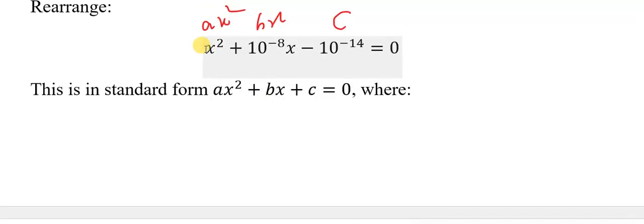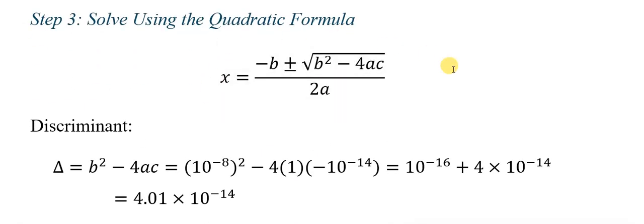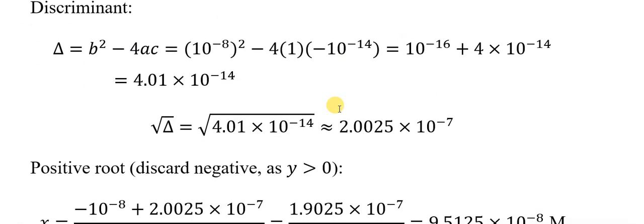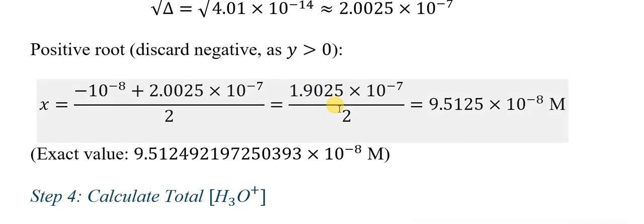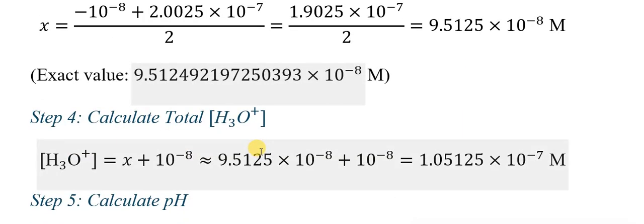It means A is equal to 1, B is equal to 10 to the power minus 8, C is equal to 10 to the power minus 14. If we put these values in the quadratic equation, we find the value of X, that is 9.5 times 10 to the power minus 8 molar.